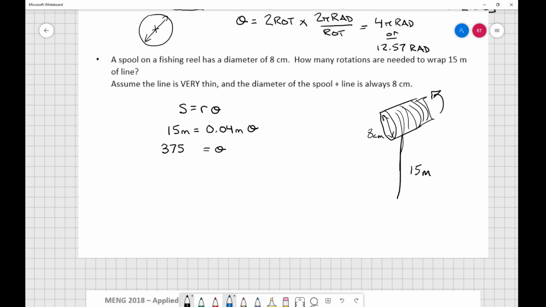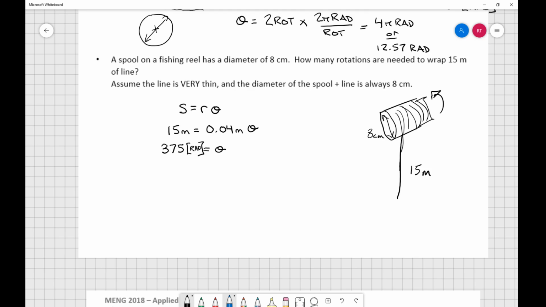Got to be really careful because when I talk about omega, the units are not rotations, which we use as our normal unit in the real world, but what comes out of that equation is going to be radians.